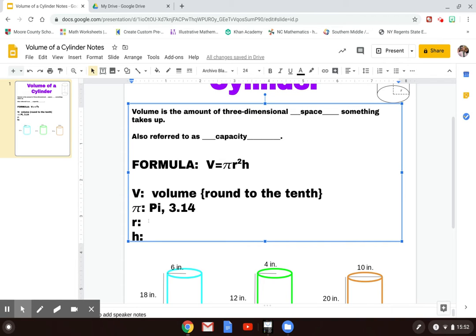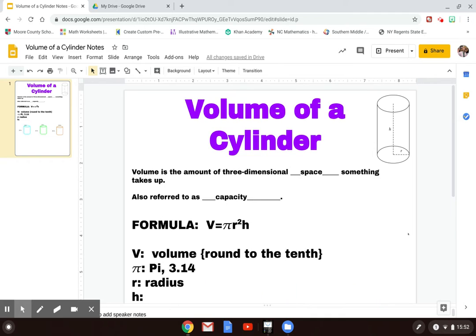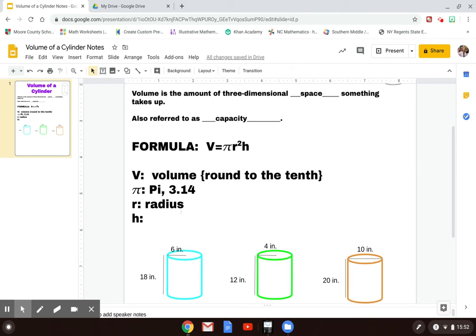r is going to be the radius. When you look at the radius of a circle, which all of these are based upon, you see the line that goes from the center to a point on the edge of the circle. That is the radius.